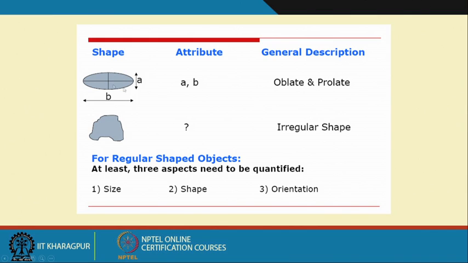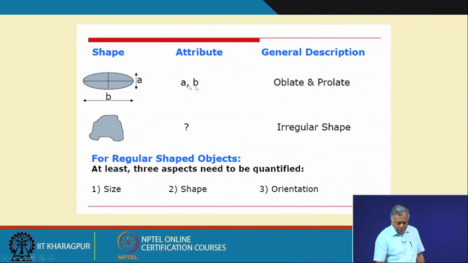If it is of this shape, we call it oblate and prolate, you can define it by A and B, but what about this irregular shaped particle, which we commonly encounter when it is coming from a mined product, because you have blasted the rock or you have mined it through heavy machineries.